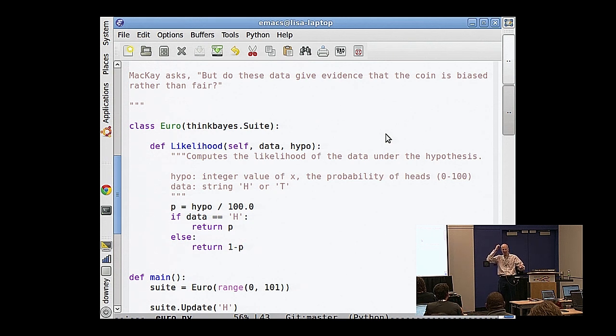And you scratch your head for a minute and you think, is it really as simple as it seems? Yes, it is 60%. And the flip side is if they tell you that it's 60% and they tell you that you got tails, then that's 40%, which is just 1 minus p in the code. And that's it. That is the likelihood function. Once you've done that, your job is over. All the hard thinking is done, and you can run it again.